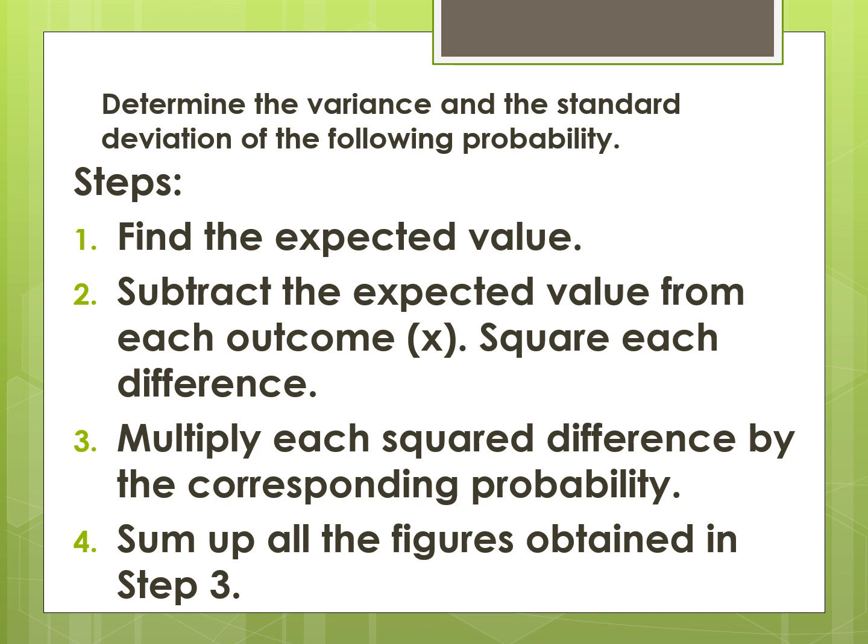Then the next step will be, after finding for the expected value or the mean, subtract the expected value from each outcome x, then square each difference. After that, multiply each square difference by the corresponding probability. Then sum up all the figures obtained in step 3. So that will be the variance of the discrete random variable.